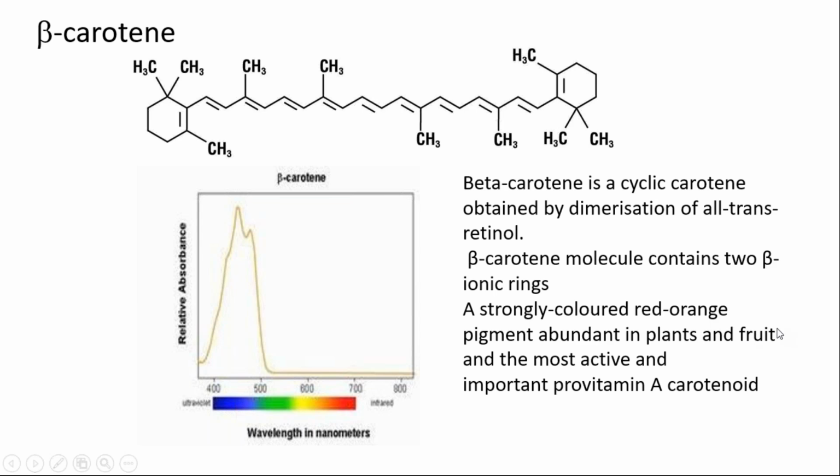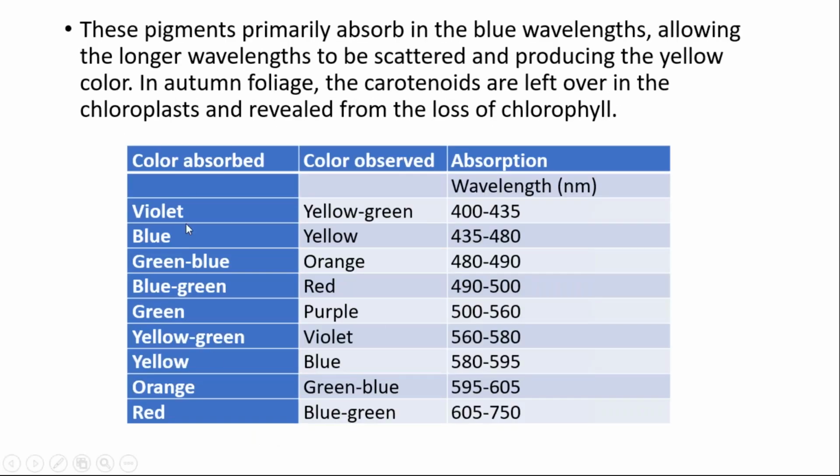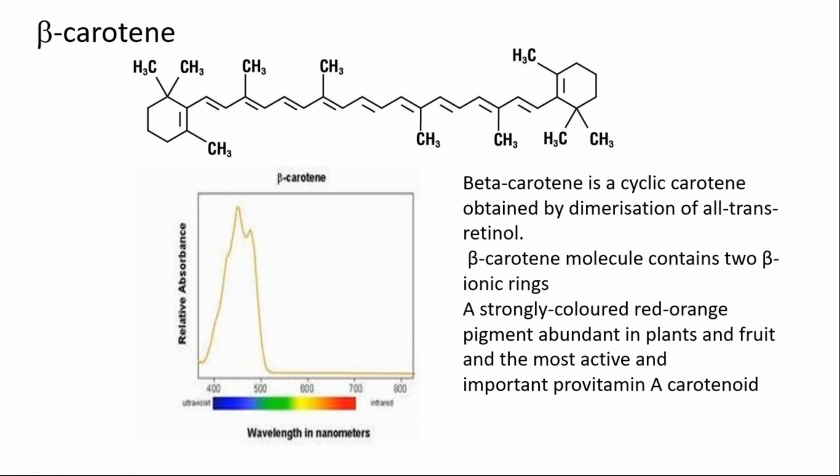If we go back and look at this table, you see that that which absorbs in the blue and the green blue region, ranging from about 435 nanometers to 490 nanometers, or rather 500 nanometers, from 400 to 500 nanometers, it absorbs light, and it gives you the orange color.